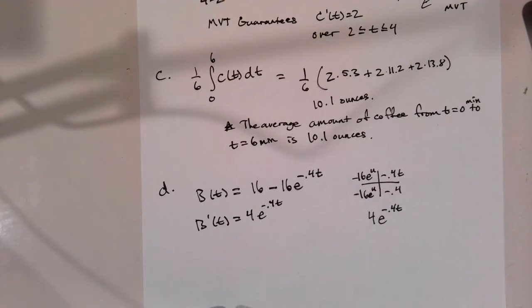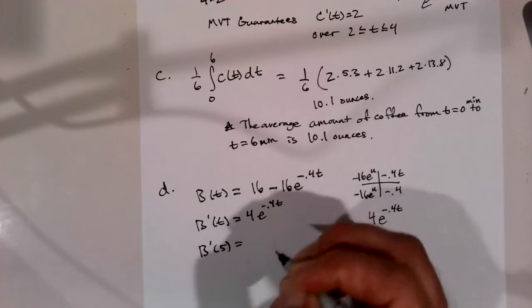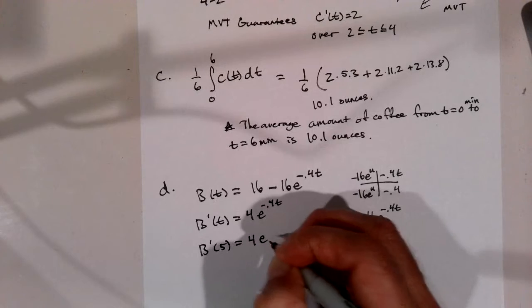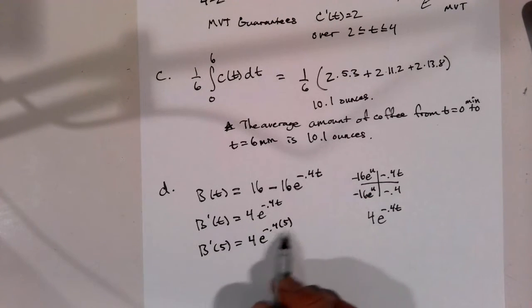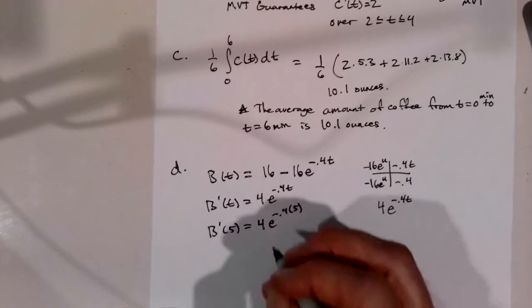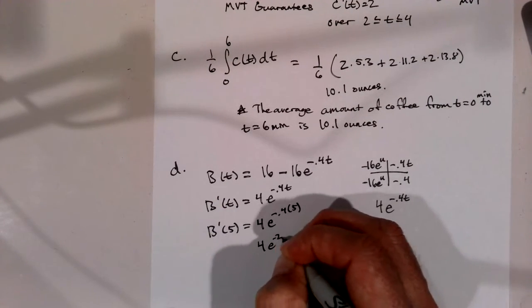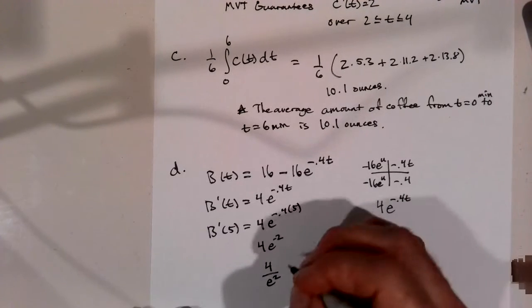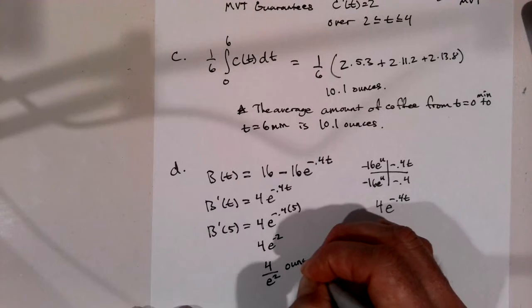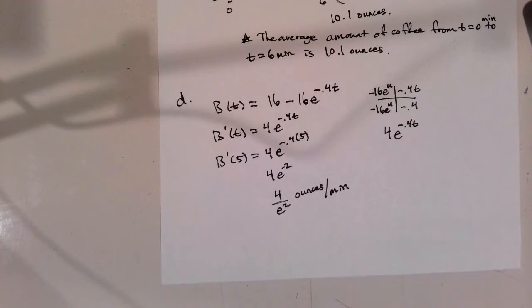It wants to know at time equals 5, b prime of 5 is equal to 4e to the negative 0.4 times 5. Negative 0.4 times 5 is negative 2. So 4e to the negative 2, or 4 over e squared. Now what is that? That is ounces per minute.